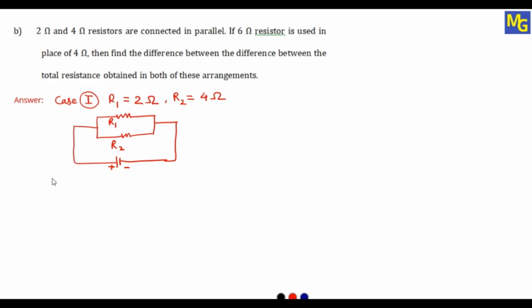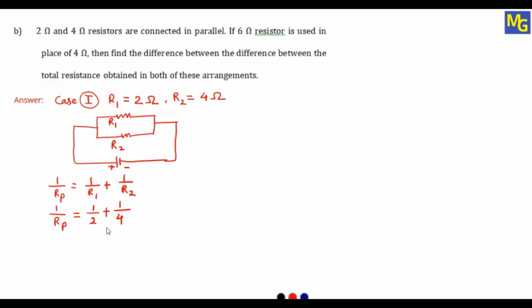What is the formula for total resistance in parallel arrangement? 1 by Rp is equals to 1 by R1 plus 1 by R2. Now substitute the values. 1 by Rp is equals to 1 by 2 plus 1 by 4.